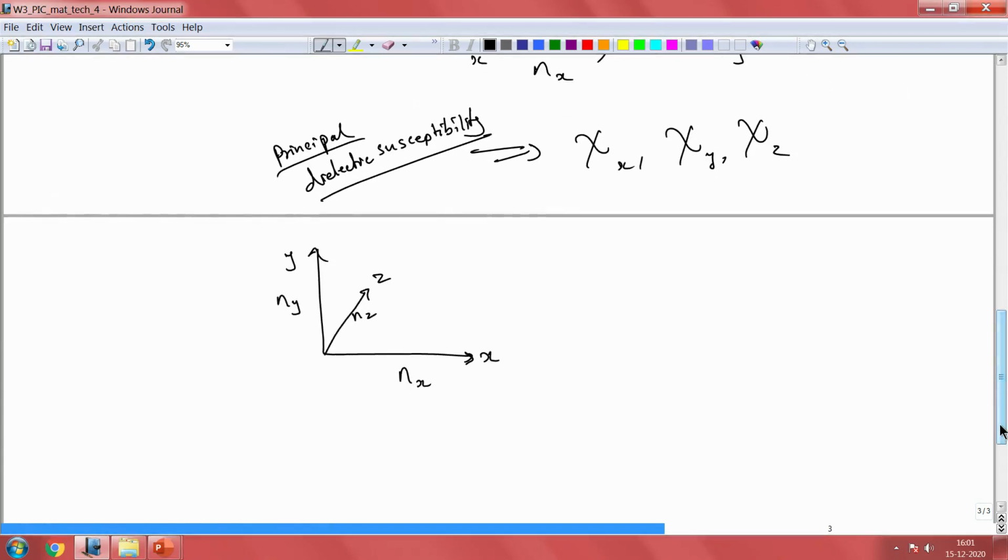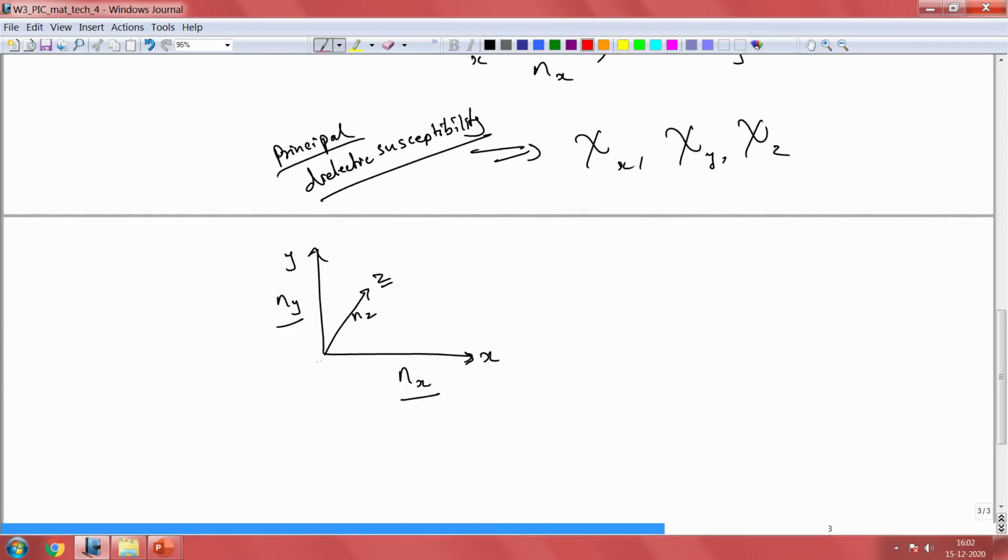So now for all practical purpose, the direction of propagation is z, right. So the refractive index along the direction of propagation is not going to affect my propagation, right, all the electric field now. Now I have two refractive indexes nx and ny.